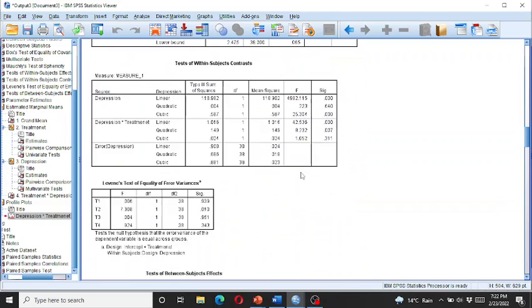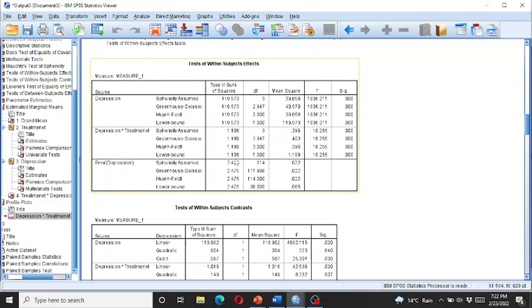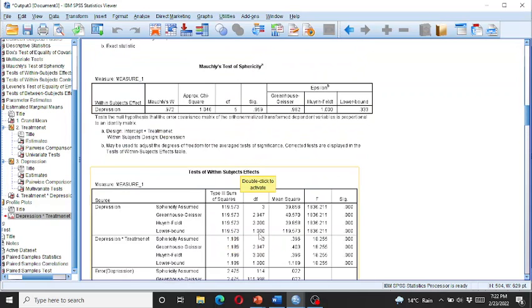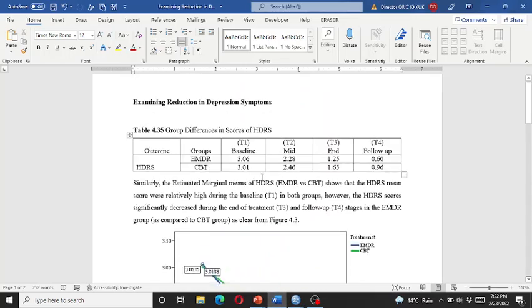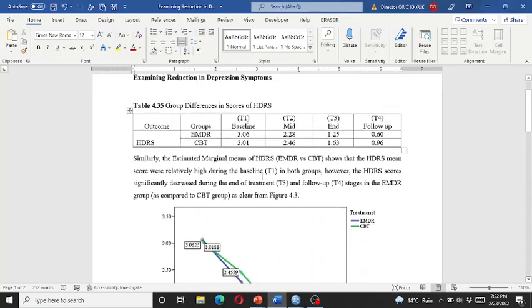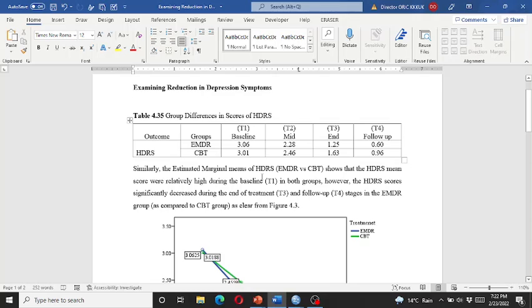ANOVA in this way. This is one example of how I have reported the results of repeated measures ANOVA, that is, the examination of the reduction in depression symptoms with the passage of time.